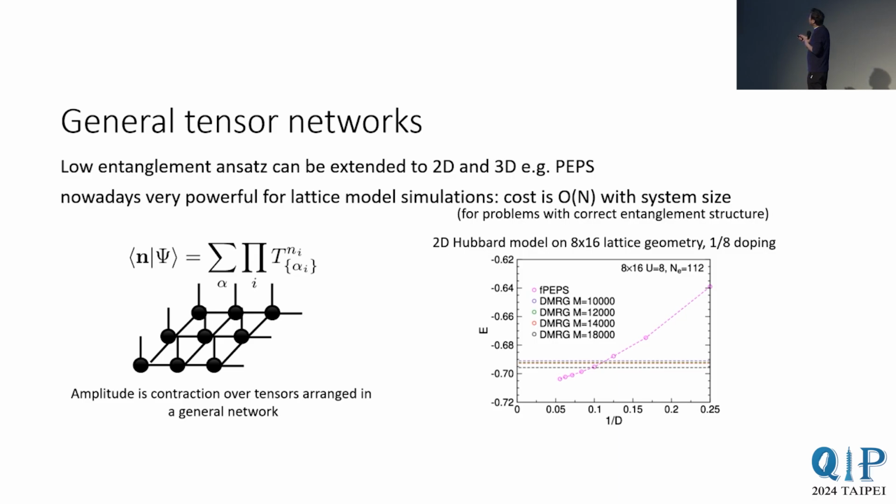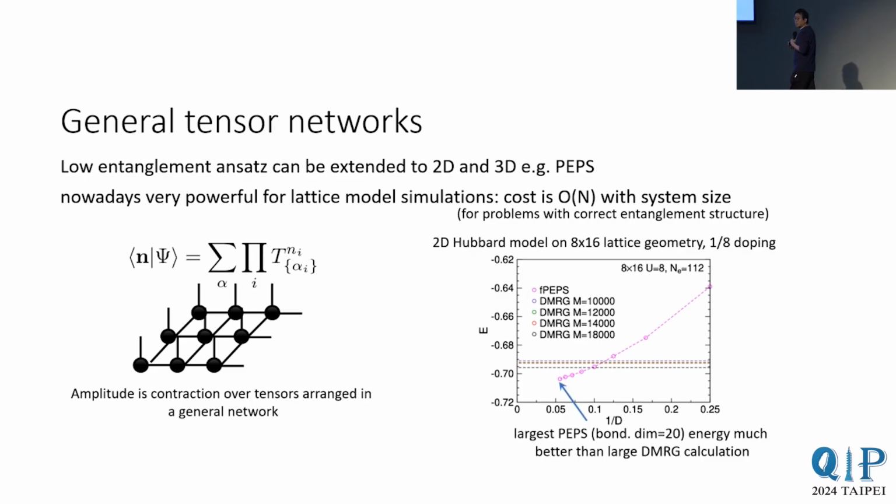You can spend your time doing DMRG calculations up to really, really large ones, and the energy is converging very slowly. But you can do PEPS calculations, and as you increase the bond dimension of the tensor network, you see that these two-dimensional tensor network calculations really are useful tools. They really allow you to go beyond DMRG in lattice models.